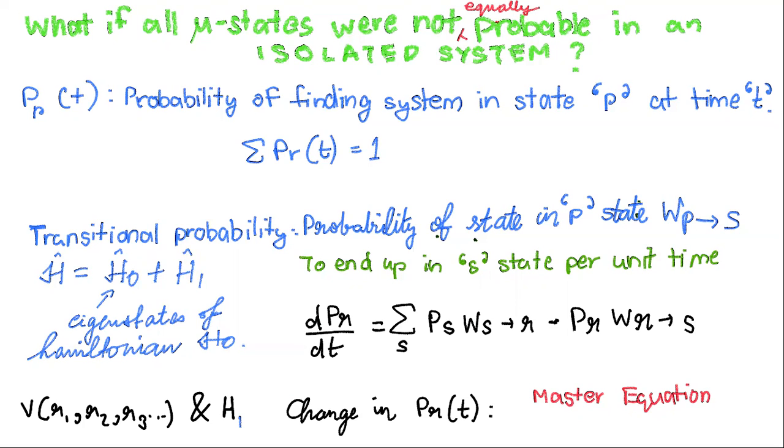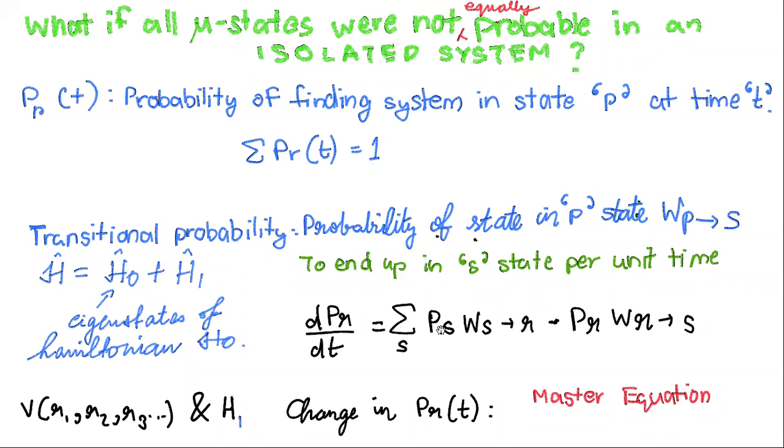Basically, the broad picture is that some of those systems are in state, say, S, and they are relaxing with a transition probability of WS going to R. So this is the transitional probability. If a certain number of systems are in state S, then this is the probability of being in state S, times the number of systems which are in state S.